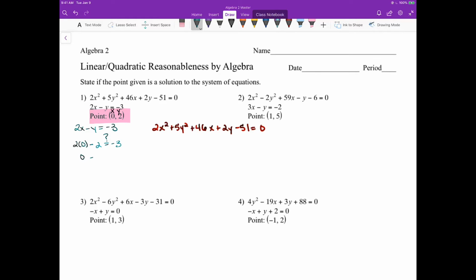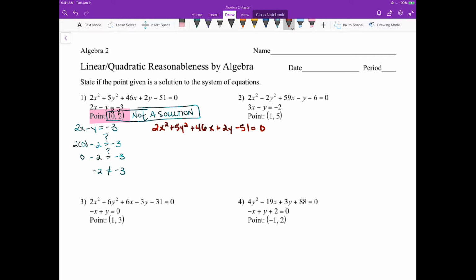So 0 minus 2, is it equal to negative 3? Negative 2 is not equal to negative 3. So we already know that this isn't going to be a solution. This is not a solution. Right? 0, 2 is not a solution.